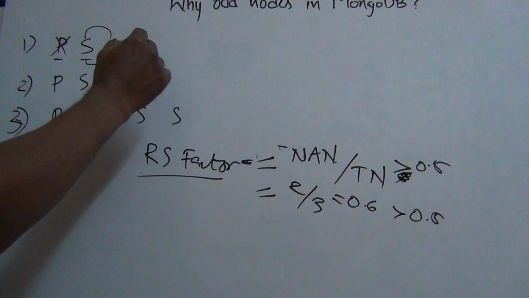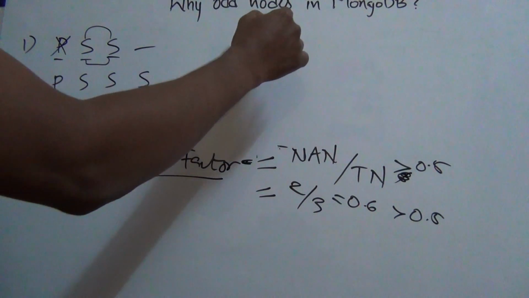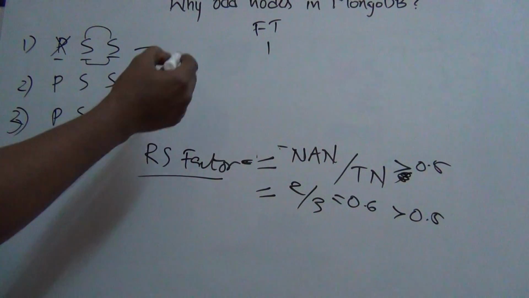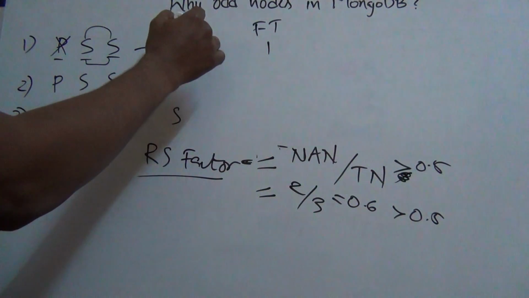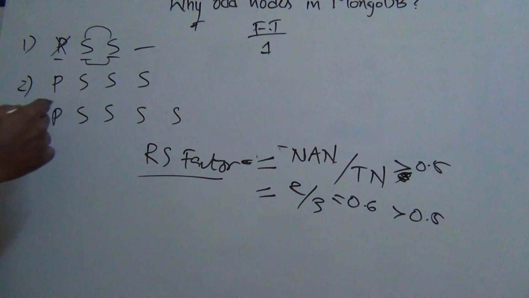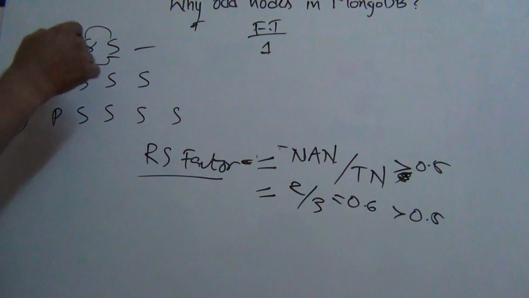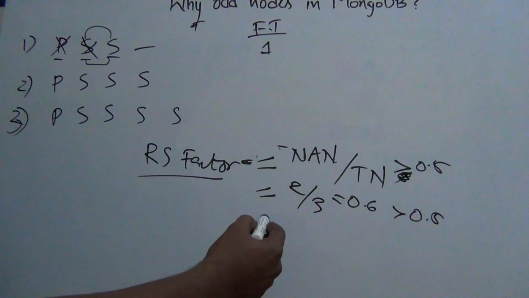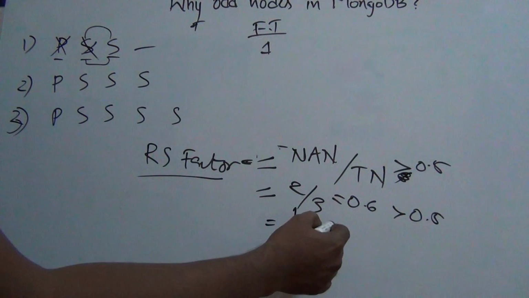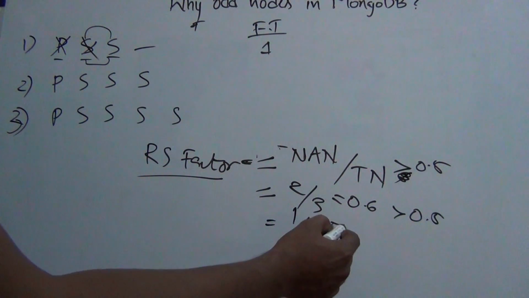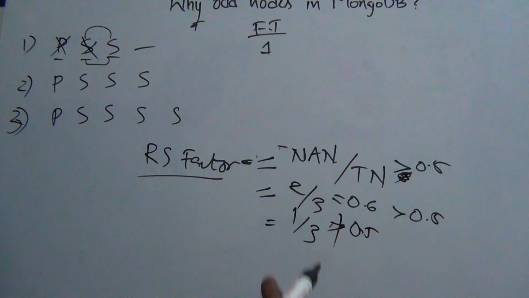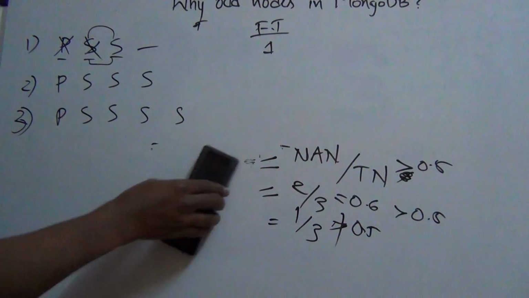So you can have one node down; the fault tolerance is 1. If a further secondary goes down, that means 1 by 3, which is not greater than 0.5, so you won't see any primary election. Okay, hope this is clear.